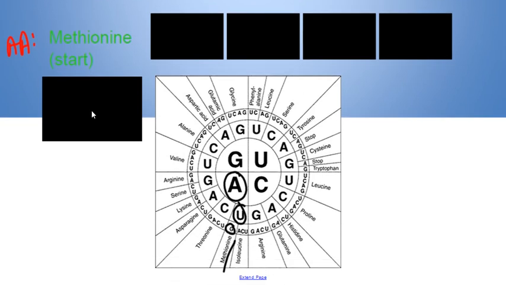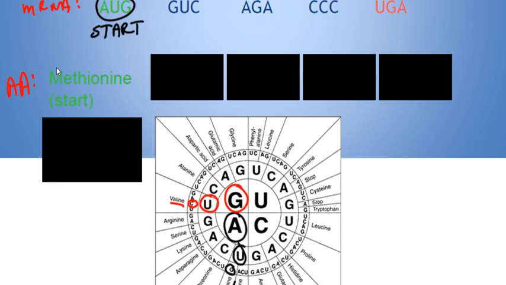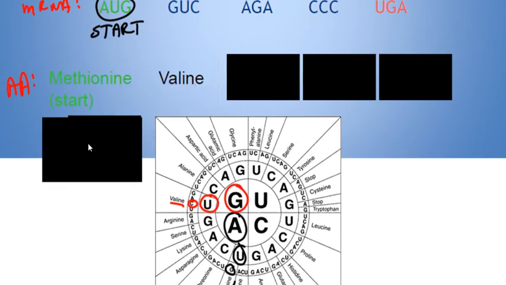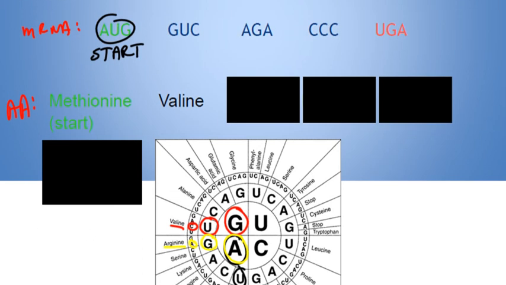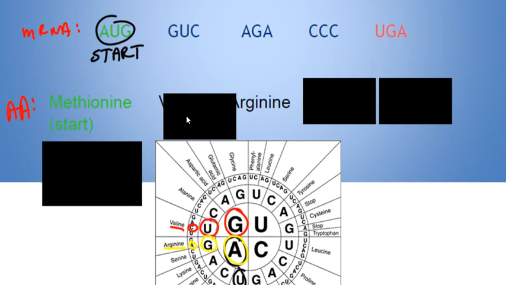GUC. G, U, C, and we have valine. AGA. A, G, A. Looks like arginine. CCC.